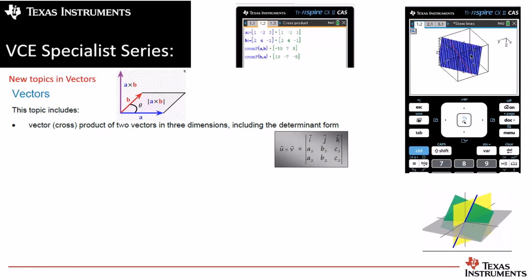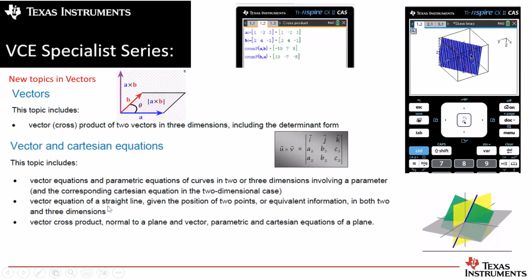We don't know exactly what applications, but we assume area of the triangle, parallelogram, and normal vector to the plane. Vector and Cartesian equations, this first one stays as it was, but we have a vector equation of a straight line given the position of 2 points or equivalent information in both 2 and 3 dimensions.